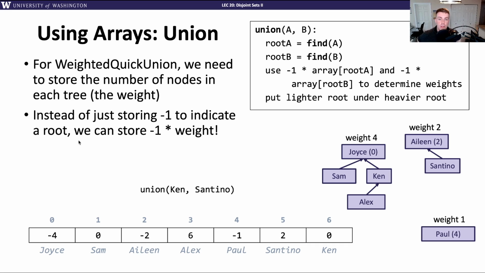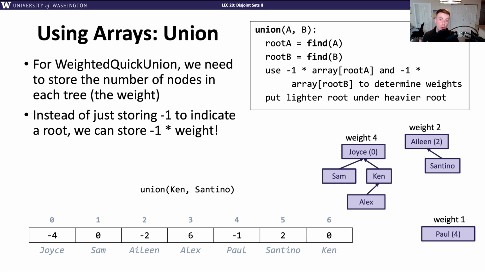Now, you can still use other things like union with this array representation, but we do need to be a little bit cleverer with our representation to do things like weighted quick union. We needed to know for each tree how many nodes are in it, what's its weight. We could use another data structure to track all of that, but one thing we can do is use the fact that we're storing -1 in each of those array indices for the roots as a storage place for the weight.